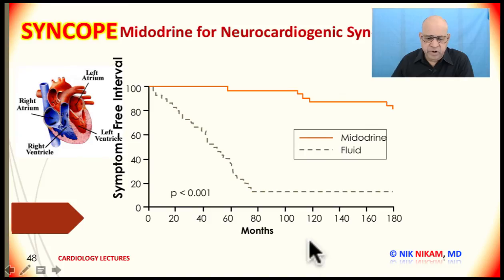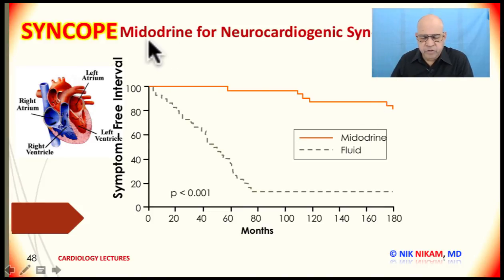Okay, here's an example of midodrine, an alpha stimulant which causes vasoconstriction in the leg, and you can see the difference here in terms of outcomes. People who took midodrine were able to maintain their blood pressures, and this is especially used in patients with orthostatic hypotension for whom it is a chronic problem because they have fixed changes in their autonomic nervous system, which is of course altered.